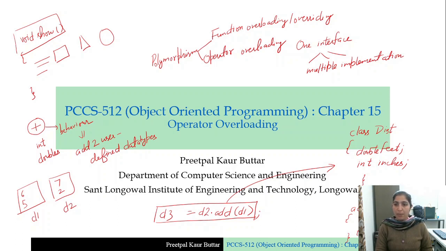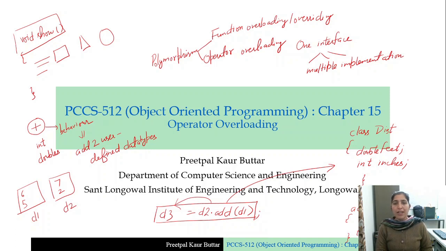Then inside add we are creating a temporary object, which will be equal to the sum of feet and inches of d1 and d2, that is d1.inches plus this.inches, meaning d1.inches plus d2.inches. Similarly, it will calculate the value of feet. Then at the end we will return t, and this returned object will be assigned to d3.